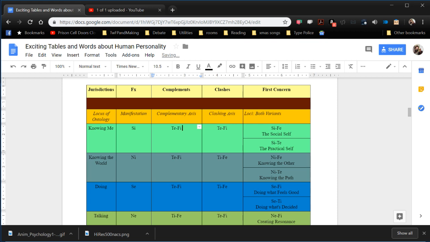The clashing axis is TIFE. This is backwards. I don't know why.